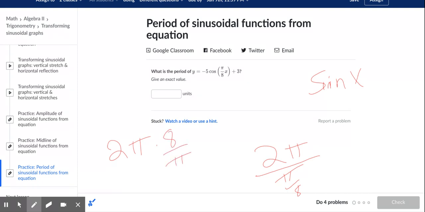Those aren't fun. So the pi's cancel and we get 16 as our period.